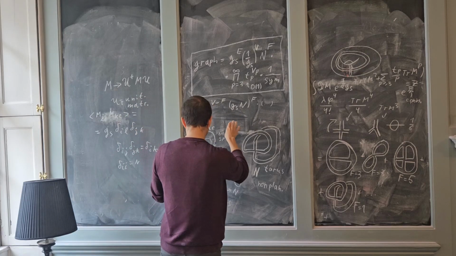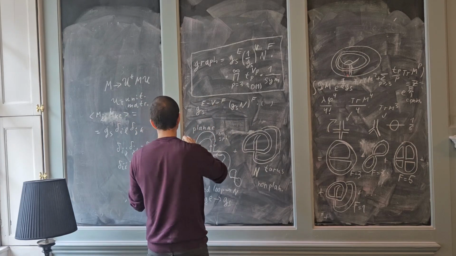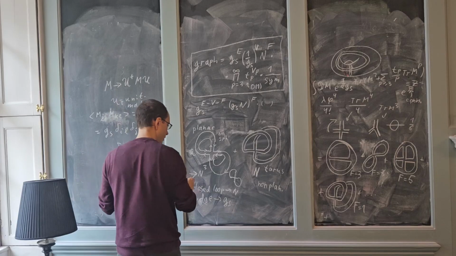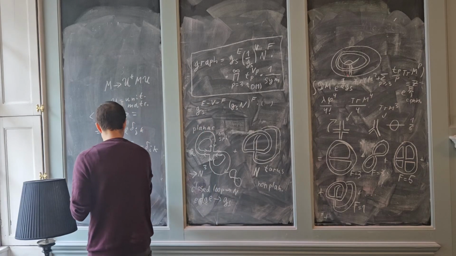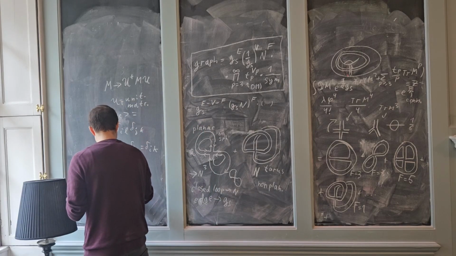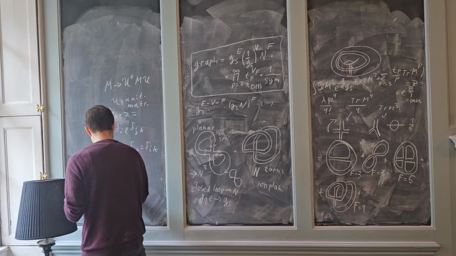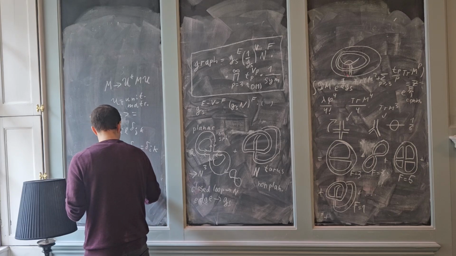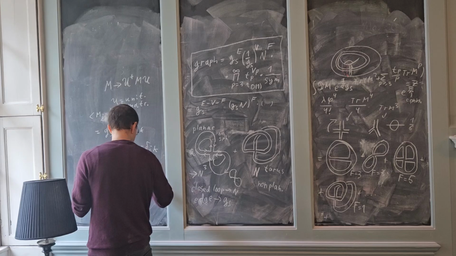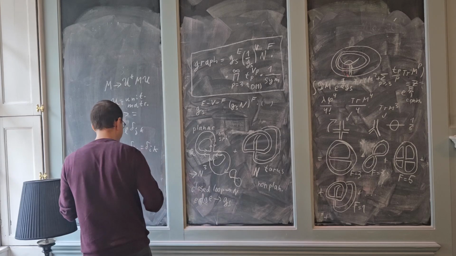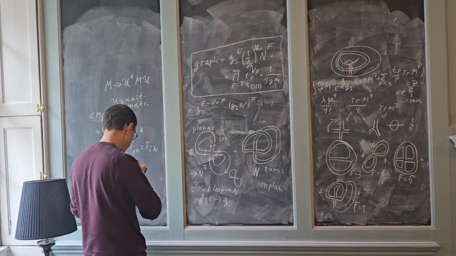But this I can, of course, rewrite using that E minus V minus F. For a usual spherical topology or polygon, that would be minus 2.